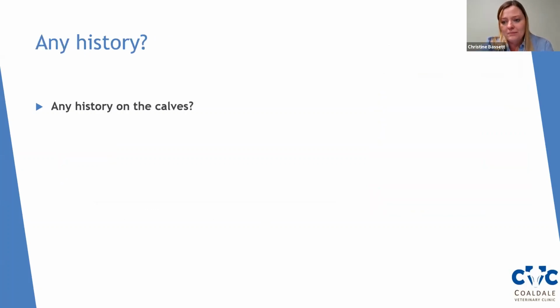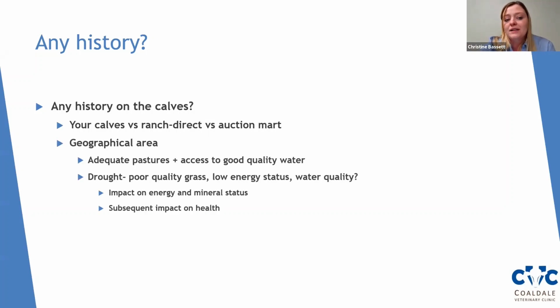So some things that can help when you're starting calves, or if you know any of the history on these calves coming in. Are they your own calves that you're backgrounding from in your own operation? Are you buying them in Ranch Direct? Or are they coming from an auction mart? All of this can play a role in how you can start those calves, as well as the geographical area those calves came from.